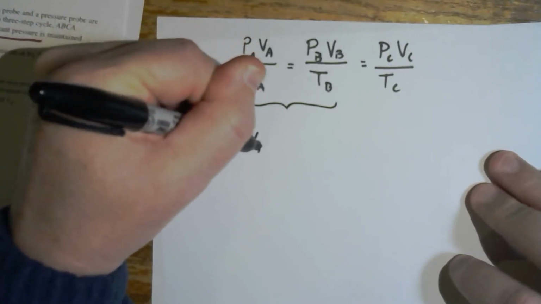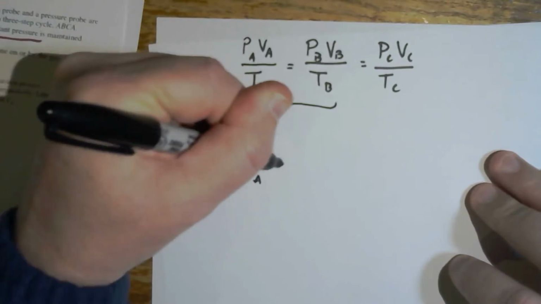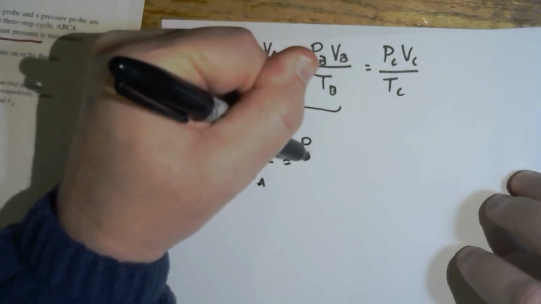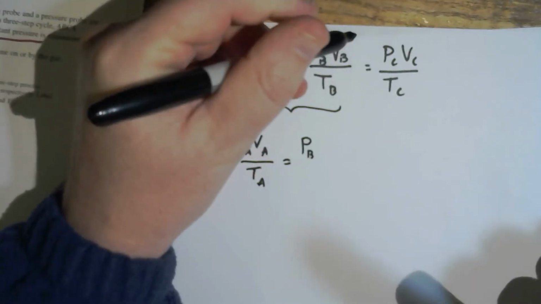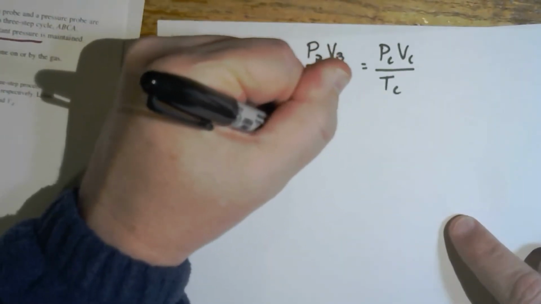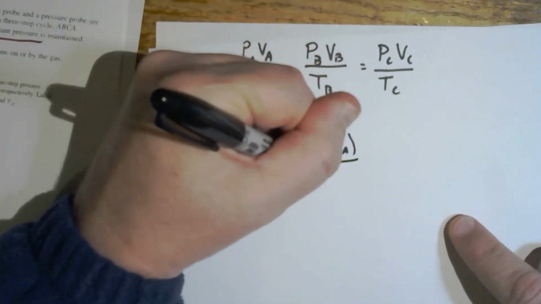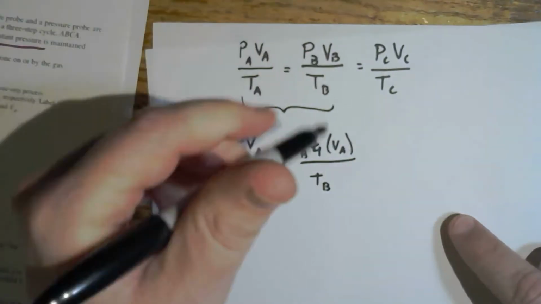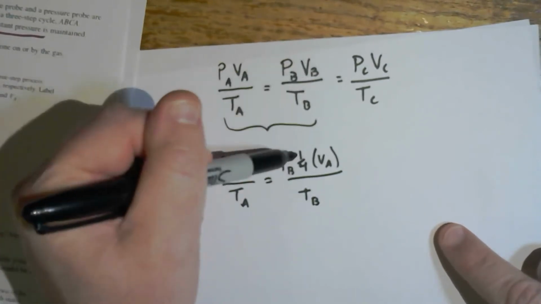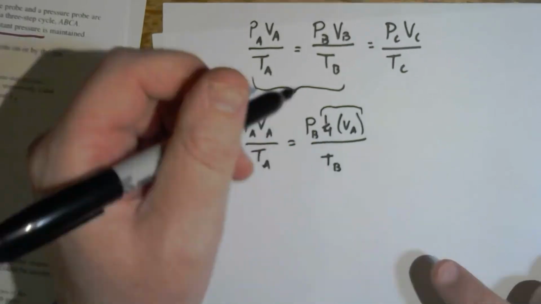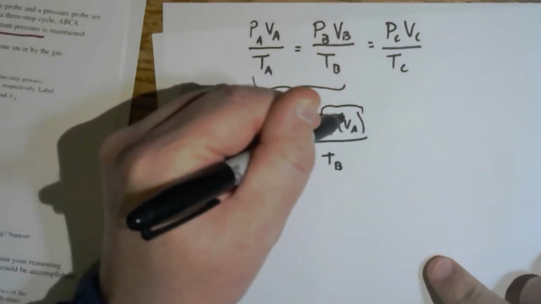So I've got pressure at A, volume at A, over temperature at A, and that's going to equal the pressure at B times the volume at B, which we said is 1/4 the volume of A, over the temperature of B. All right, so this volume of B term is turned into 1/4 volume of A. And so what that does is it allows us to get rid of our volume of A term.